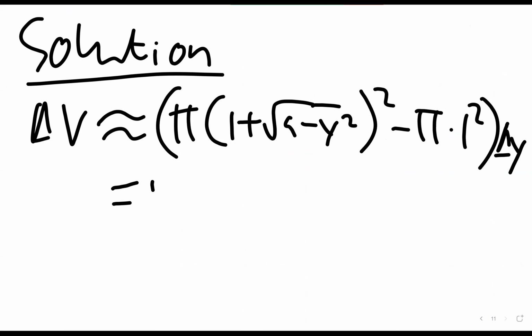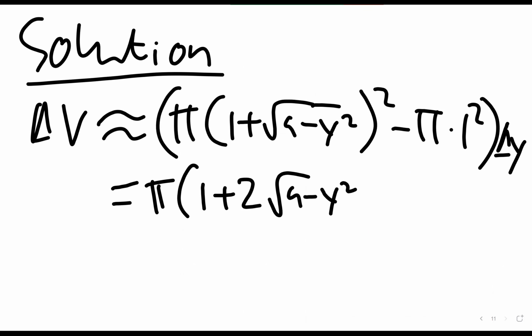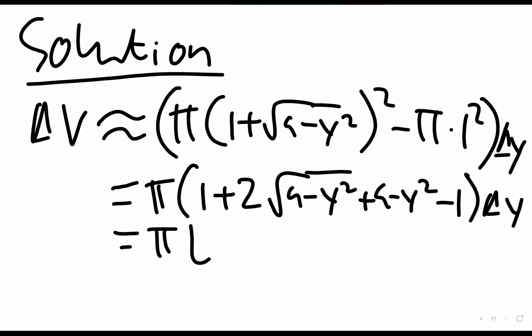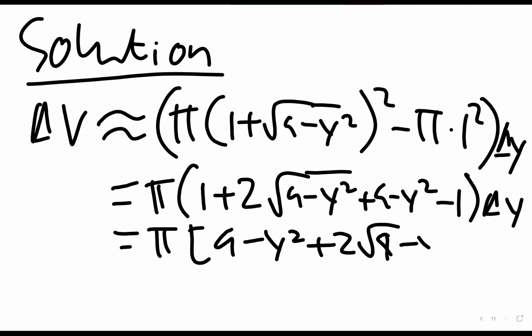If you simplify, this becomes pi multiplied by (1 plus 2 square root of 4 minus y squared plus 4 minus y squared minus 1) delta y. Then 1 minus 1 is 0, so you have pi times (4 minus y squared plus 2 square root of 4 minus y squared) delta y.